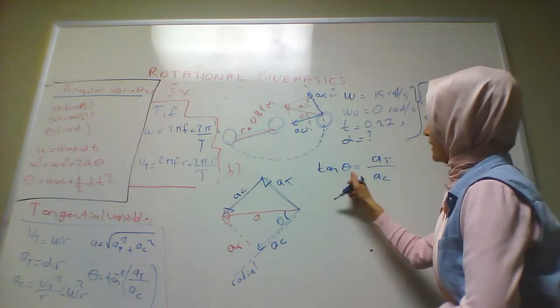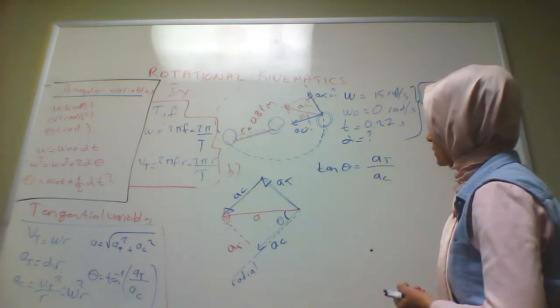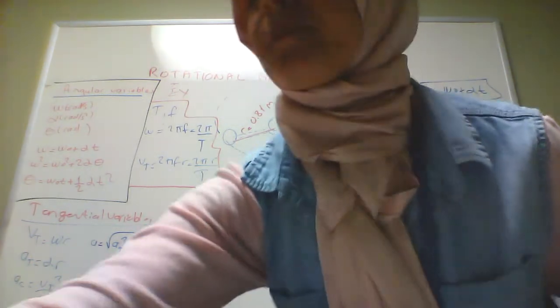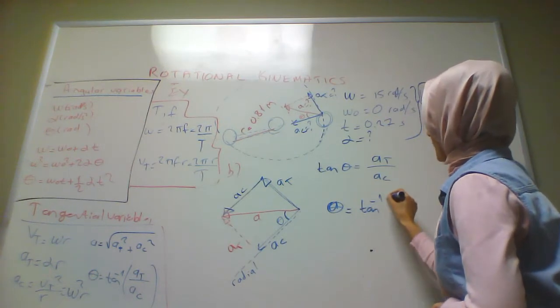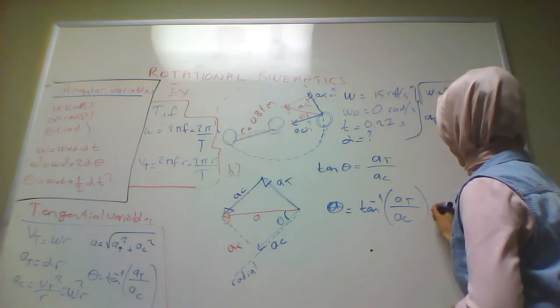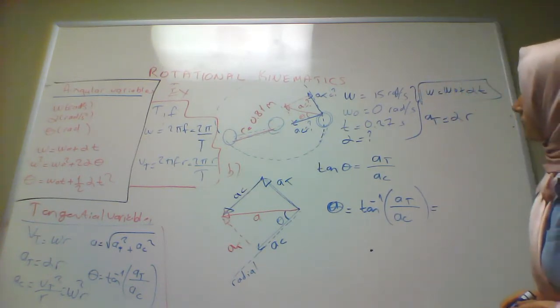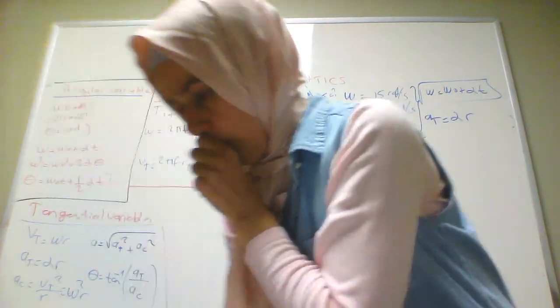And to find theta from here, you can use sine and cosine and tangent and cotangent, all works. We say theta is equal to tangent to minus 1, AT over AC. And what we find, we know AT and AC, which I forgot, I deleted already, let me find them from here.